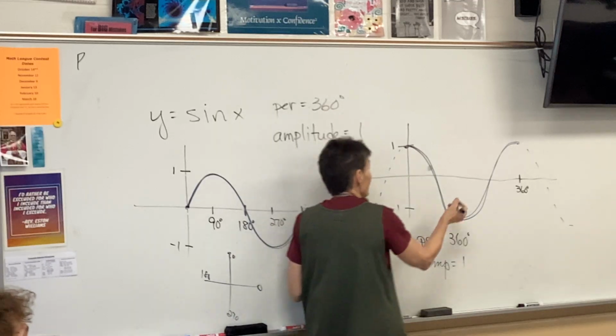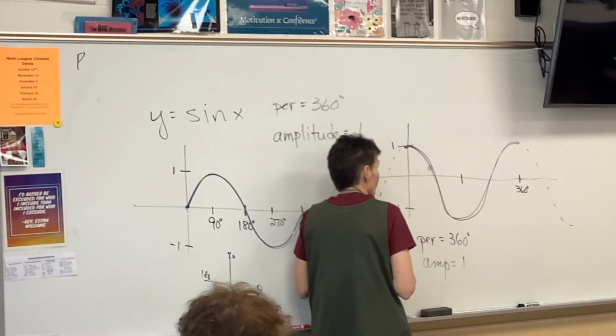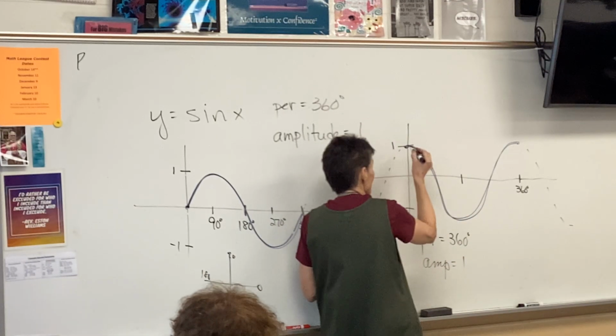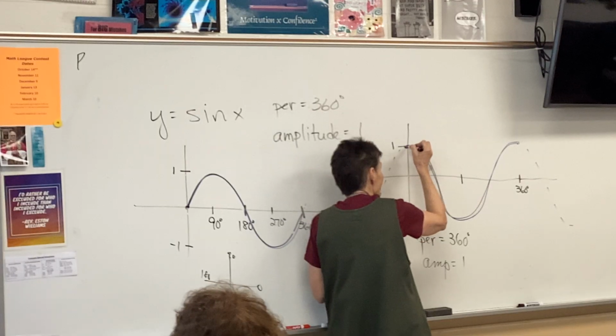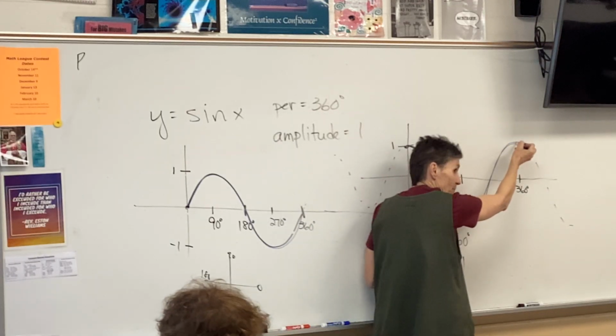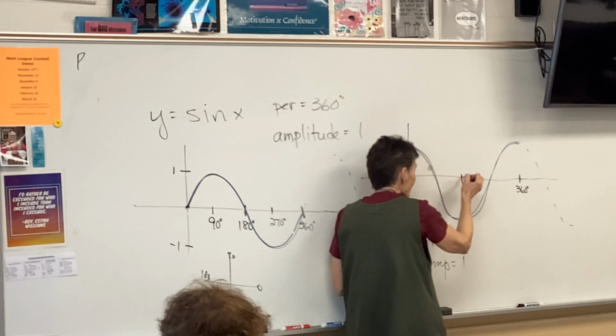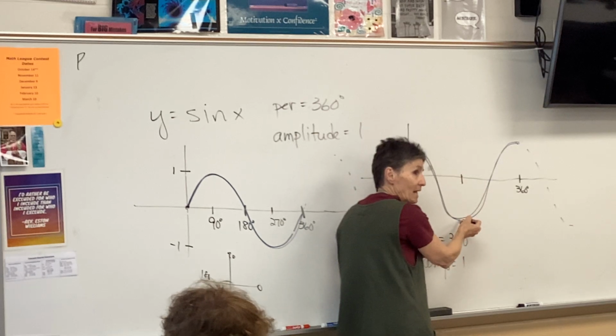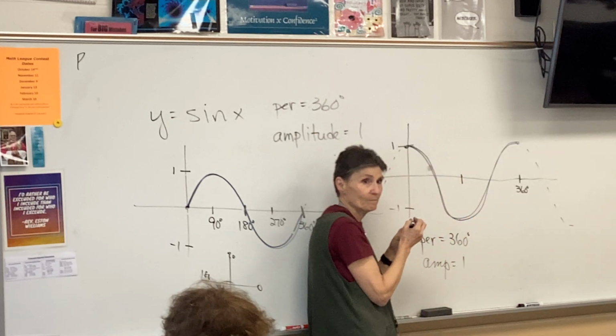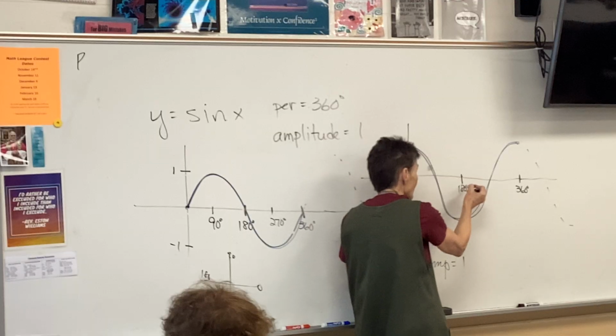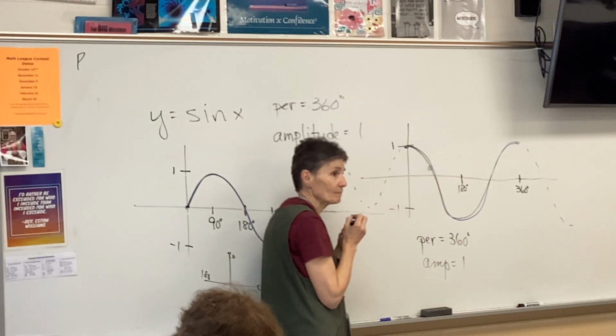Right smack dab in the middle, okay, so the cosine starts at the top of the hill, stops at the top of the hill. Right smack dab in the middle would be the bottom of the valley. Does that make sense to you? So that would be 180 right there, the bottom of the valley.